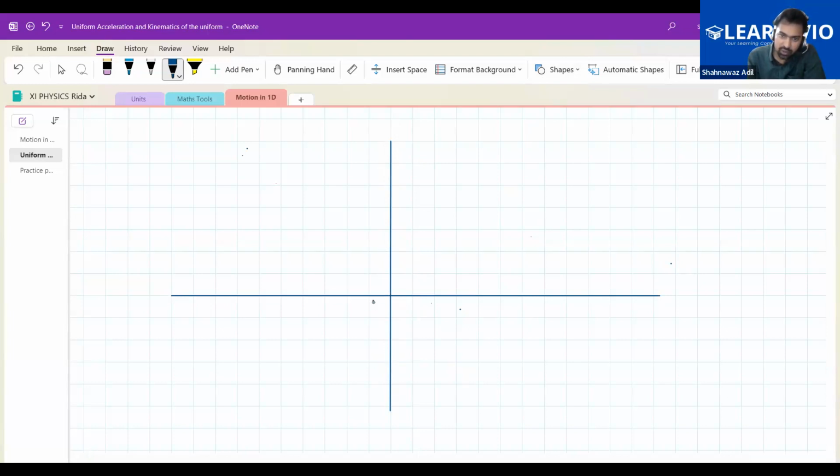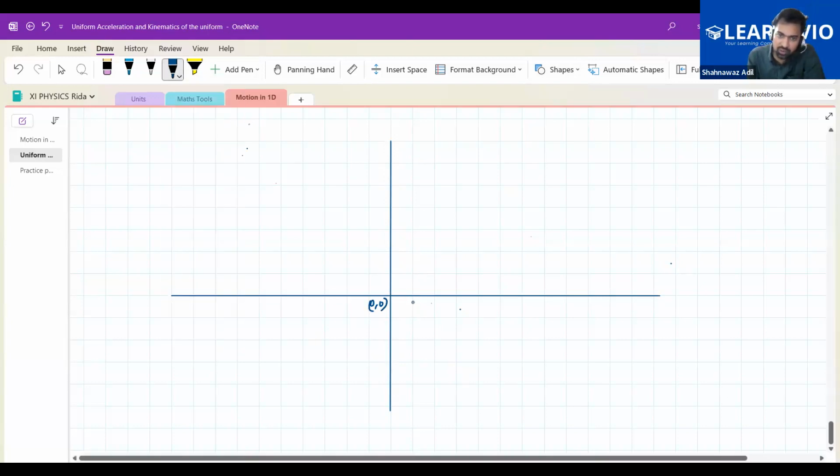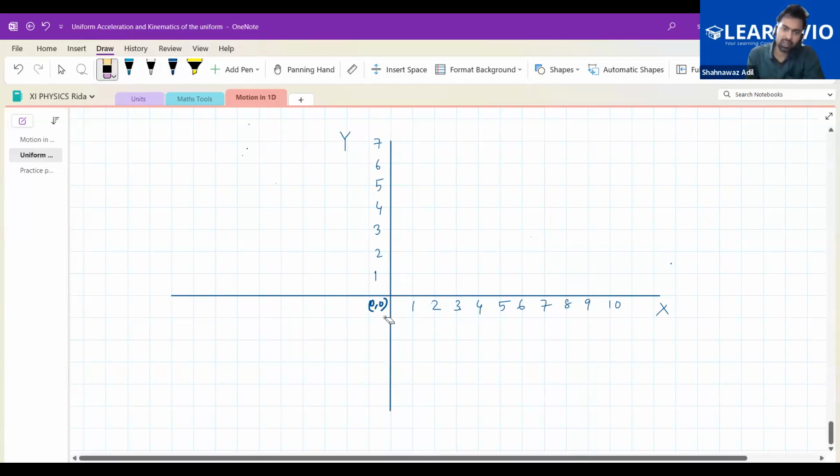So this point is 0 comma 0, right? Yes. This point is 1 comma 0. Or let me write it as 1, 2, 3, 4, 5, 6, 7, 8, 9, 10. This is 1, 2, 3, 4, 5, 6, 7. Let's say this is x, this is y. So is this thing clear? Yes.